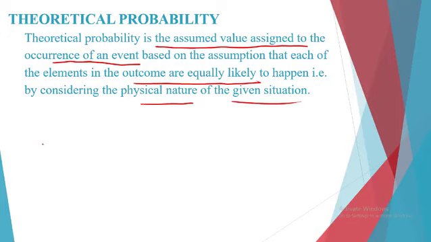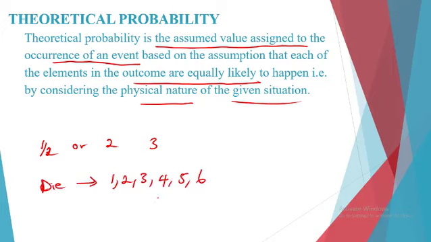So it's either one happens, or two occurs, or three occurs, assuming we throw a die once. So we either have 1, 2, 3, 4, 5, or 6. So these numbers are equally likely events, because 1 may show up, 2 may show up, 3 may show up, and so on and so forth.